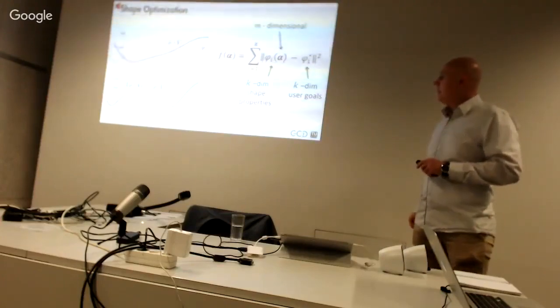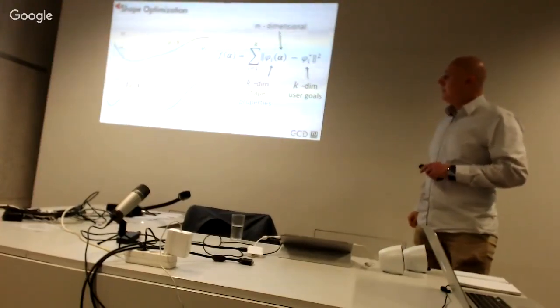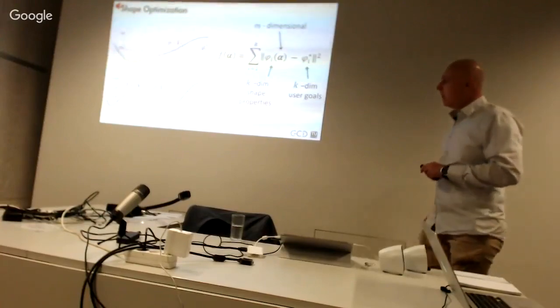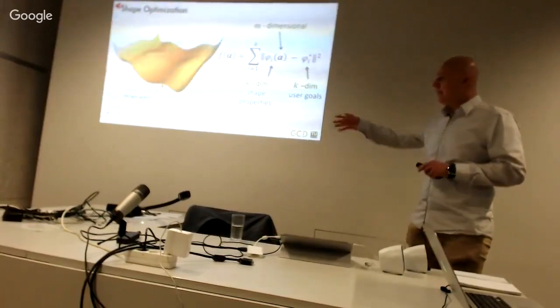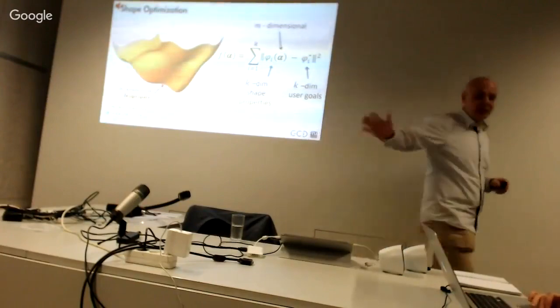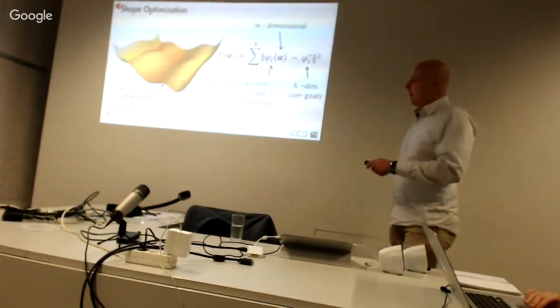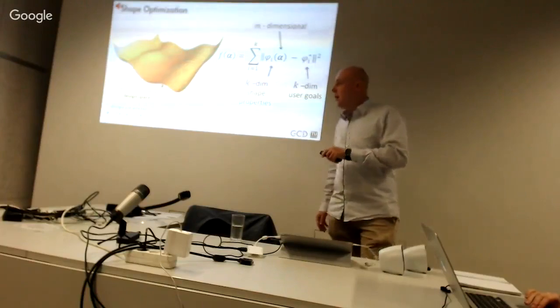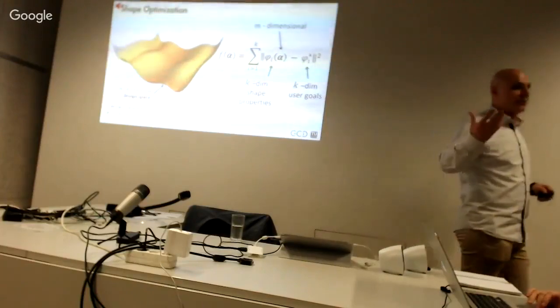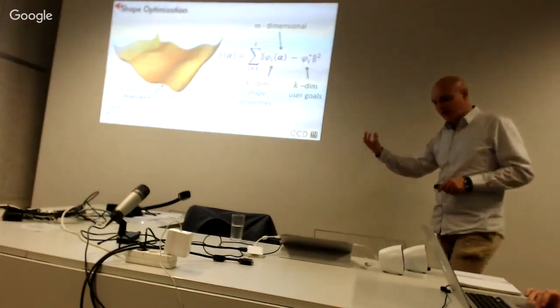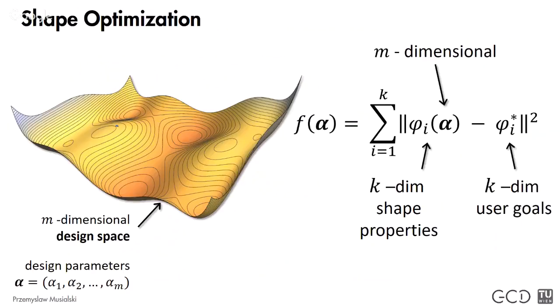And so we have this formulation, and let's maybe try to imagine the design space now. So we have this m-dimensional design space. M now denotes the number of parameters, so the number of basis functions, like for example the number of those manifold harmonics we want to use, so the number of alphas, and k is the number of the properties we want to optimize.